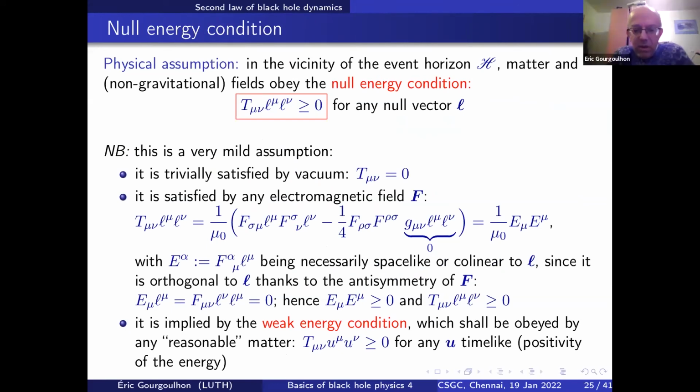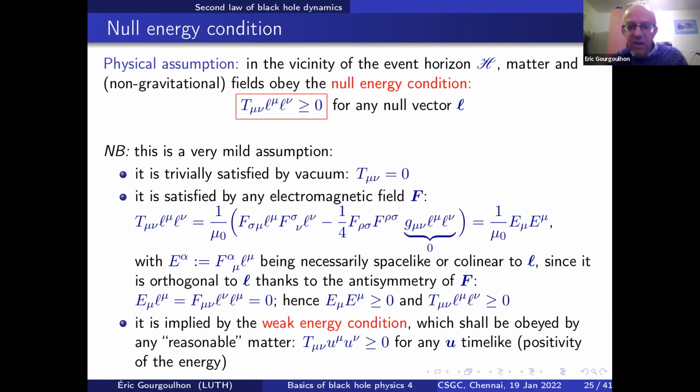Well, yes, when we state a theorem in general relativity, we have to keep in mind which energy condition is necessary for the theorem to hold, of course. But let me stress again that of the energy conditions I've mentioned, today we have used three of them: the null energy condition, the weak energy condition, and the dominant energy condition. These three energy conditions are very mild, actually. All ordinary matter obeys these conditions.